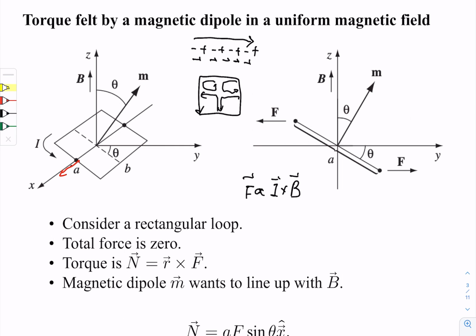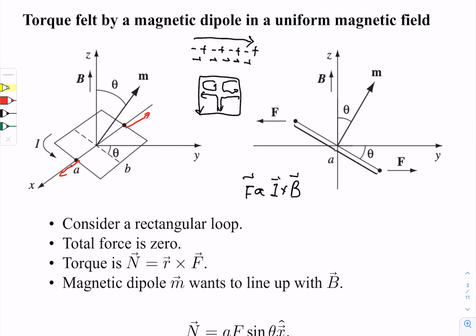That should be the exact opposite, because here we simply rotate our direction of the current. On these 2 segments, you can see that the magnetic field actually stretches the 2 segments, but the total force is still balanced.